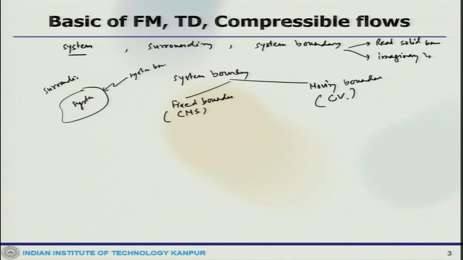Which boundary to choose depends on the problem to be analyzed. Or rather we put the classification for a particular system, and the third one could be an isolated system.